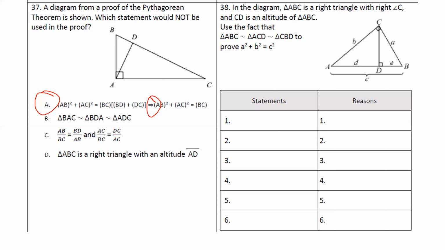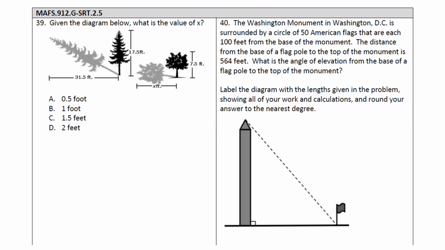A lot of the early proofs that we did back when we were talking about triangles being congruent or corresponding parts in quadrilaterals, we're not going to be proving Pythagorean theorem. So 38 is a little bit extra. Like I said, I'm not even going to bother with that one because it's a little too much.